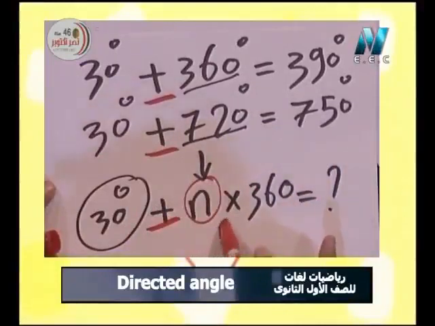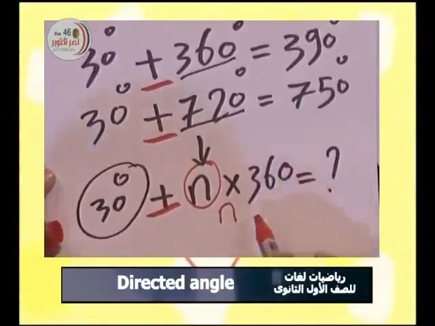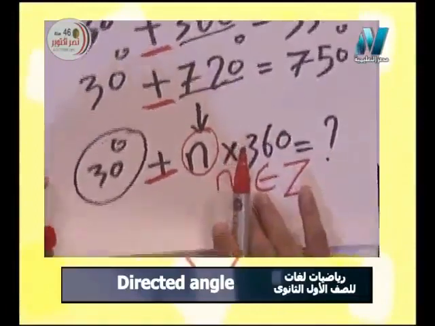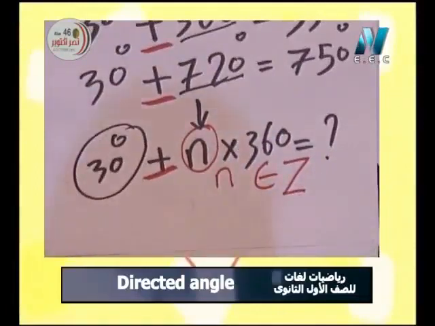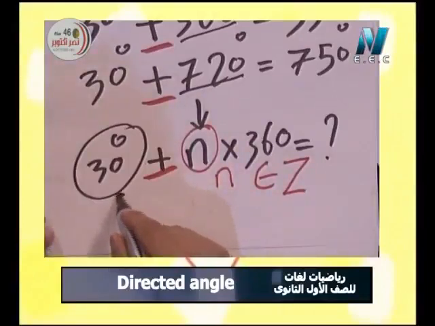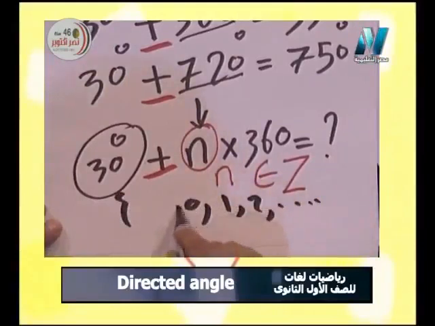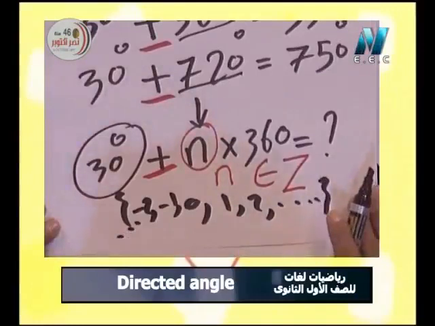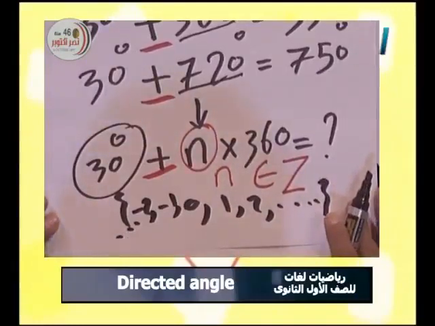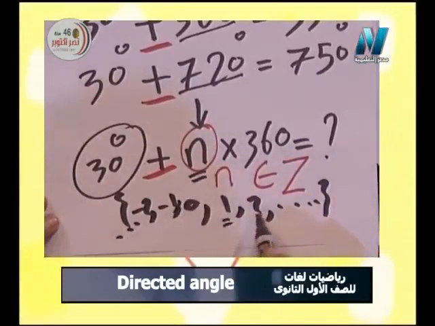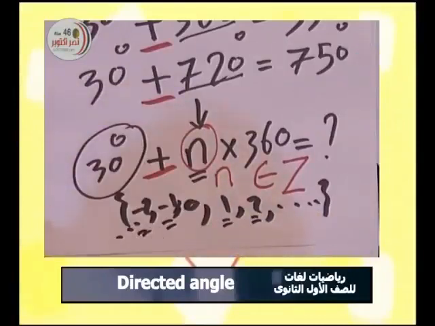We call n belongs to Z, where Z is the set of integers: 0, 1, 2, and so on, or negative 1, negative 2, and so on. We can put 0 instead of n, or 1 or 2, or -1 or -2, and so on, to find equivalent angles.